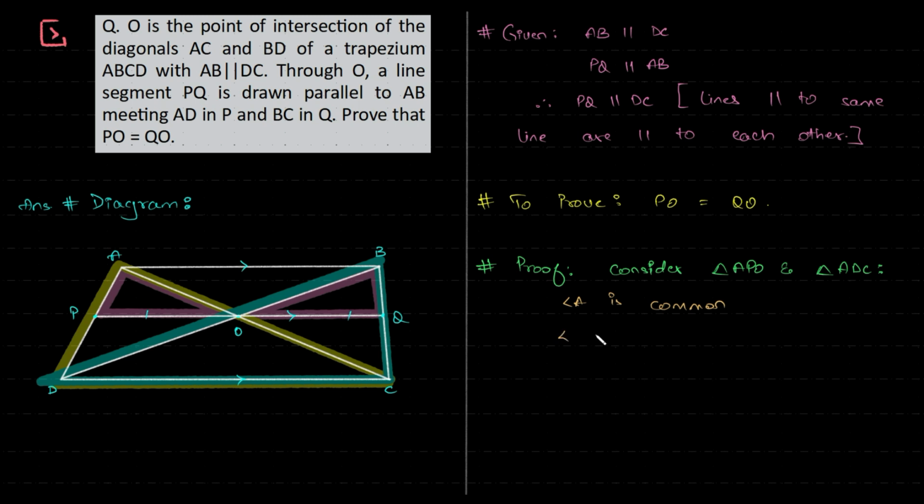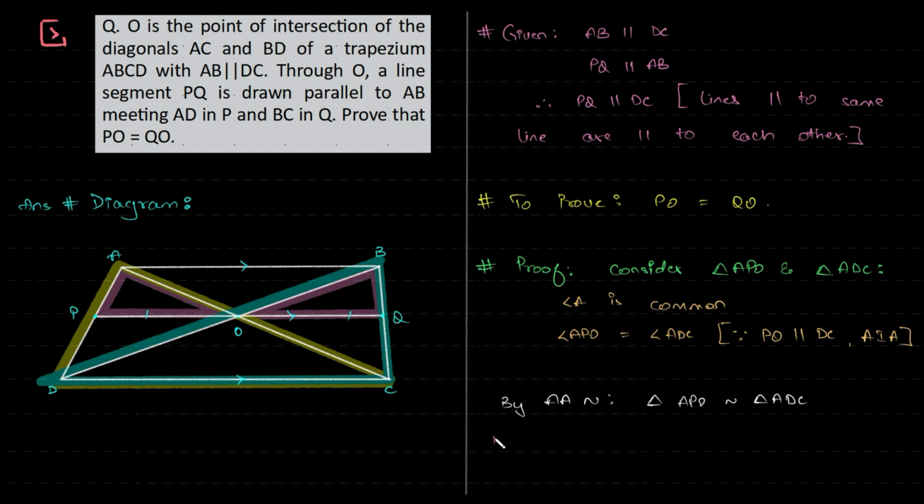Then we have angle APO equal to angle ADC, because PO is parallel to DC, and they are corresponding angles. So by AA similarity, triangle APO is similar to triangle ADC.